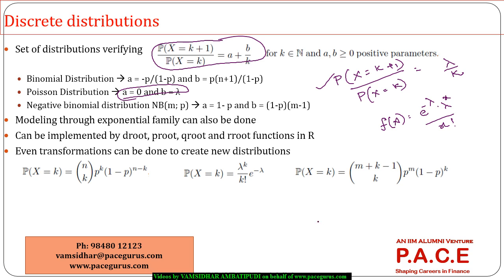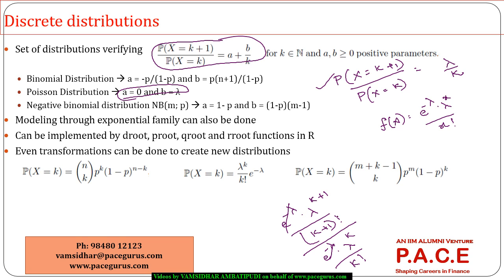So let's use that here for this example. e^(-λ) λ^(k+1) divided by (k+1)!. This is the probability of X equal to k+1. Now we'll take the probability of X equal to k: e^(-λ) λ^k divided by k!.